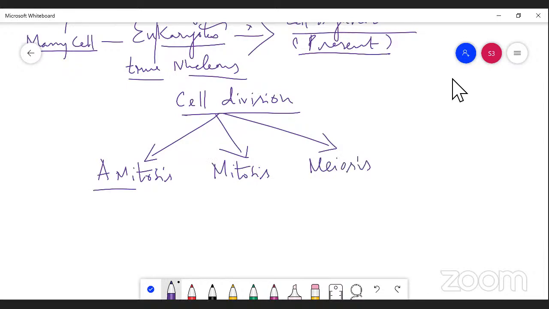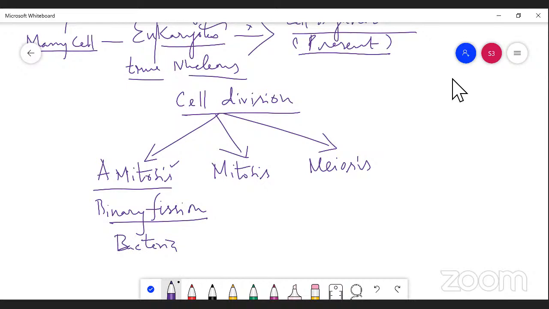In the lower group of organisms, cell division takes place by binary fission. For example, binary fission takes place in bacteria.